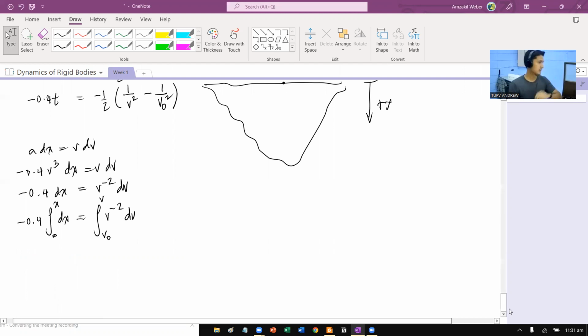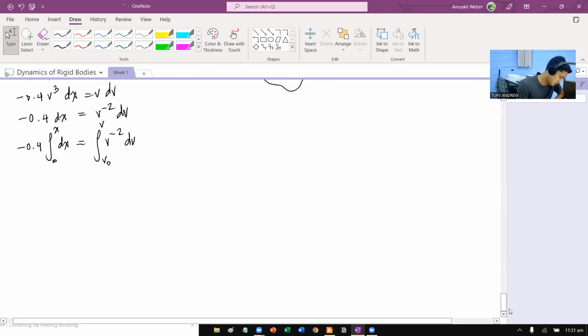Okay, so this would be 0.4 x, negative 1, correct? Negative v, minus 1 is negative 2. So this would be v naught.